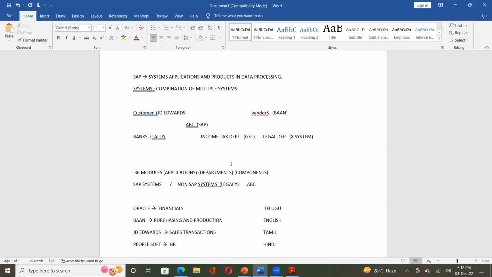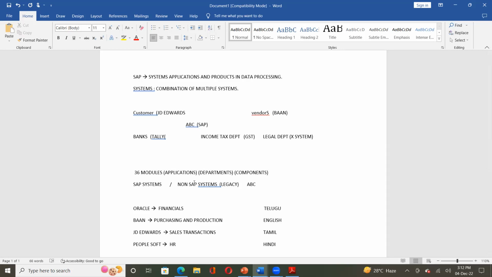And SAP supports all the departments. So that's the reason this unique feature of integration makes SAP superior to any other systems or ERP products. This single feature makes it very superior.